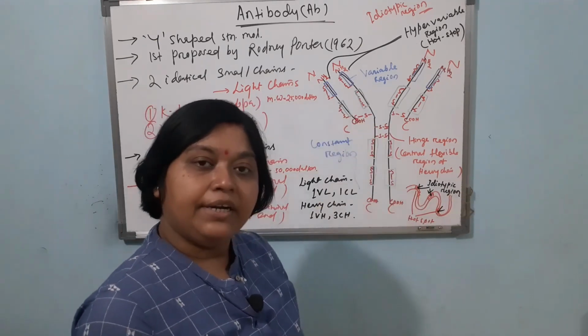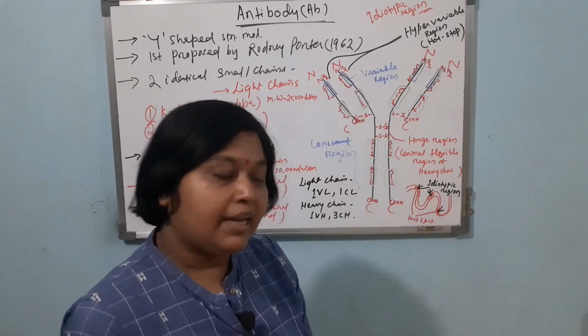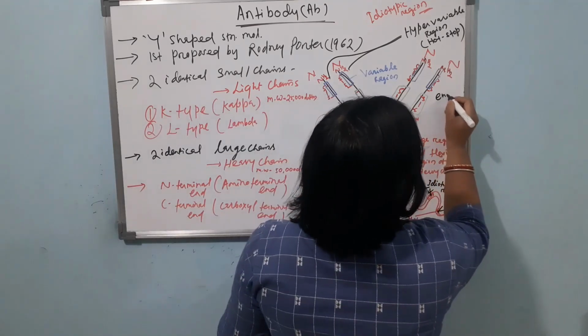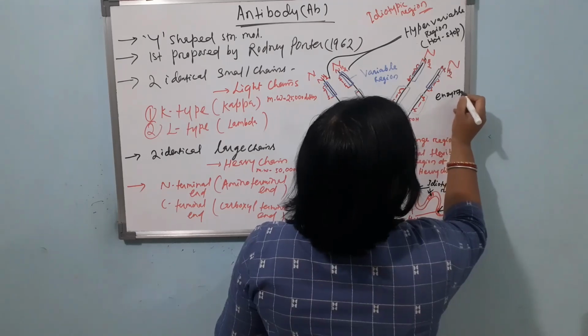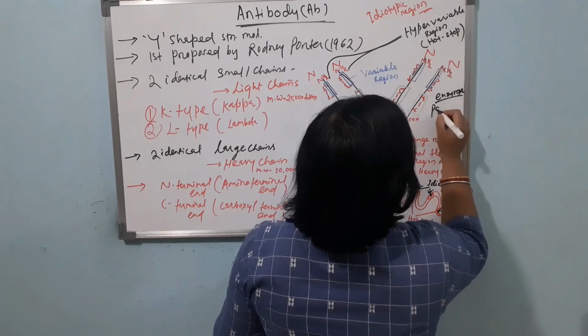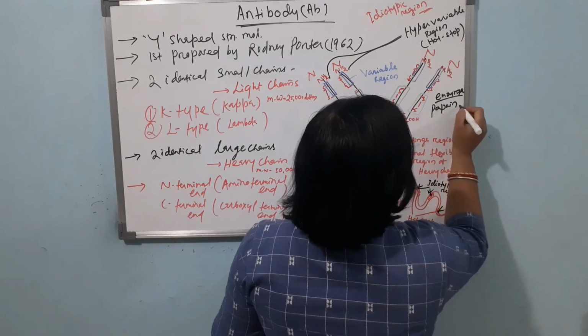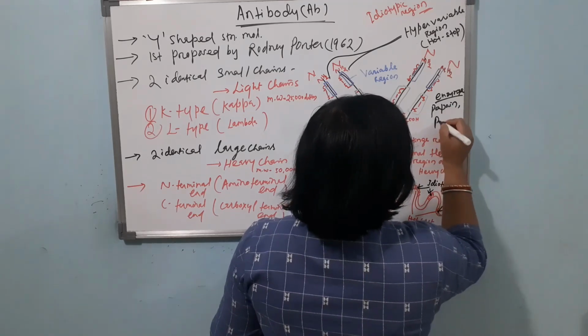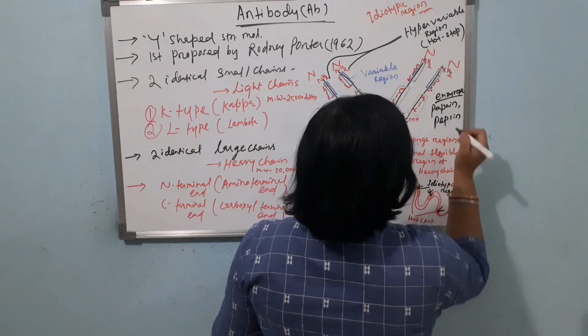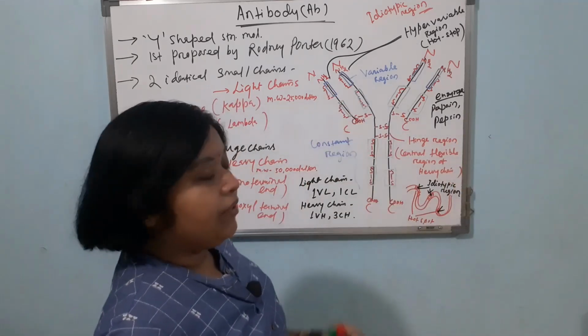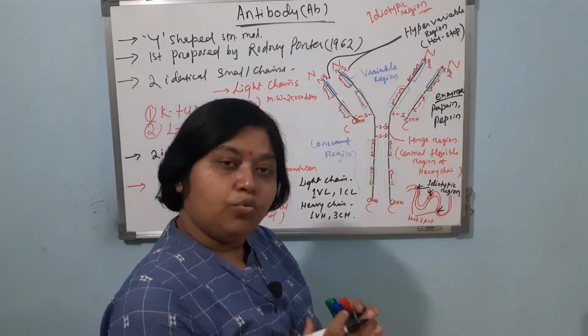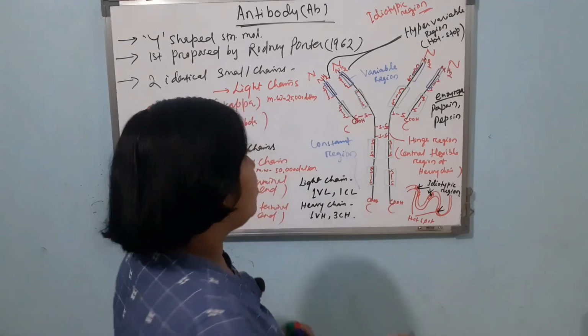When this antibody treated with any proteolytic enzyme like papain, or pepsin, that time this antibody will break and form 2 separate pieces.